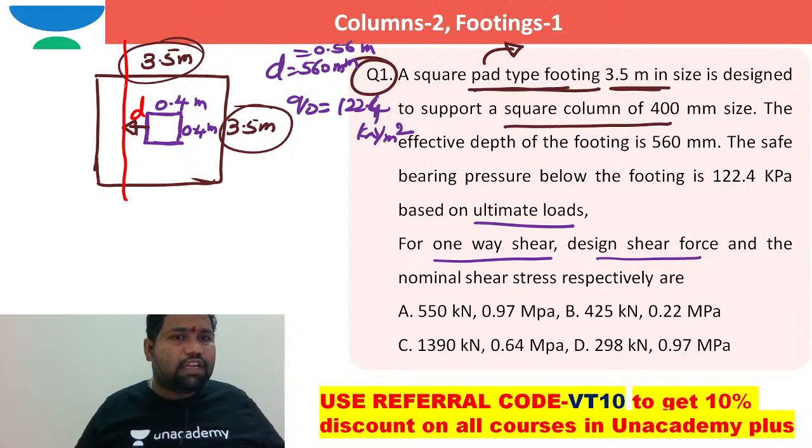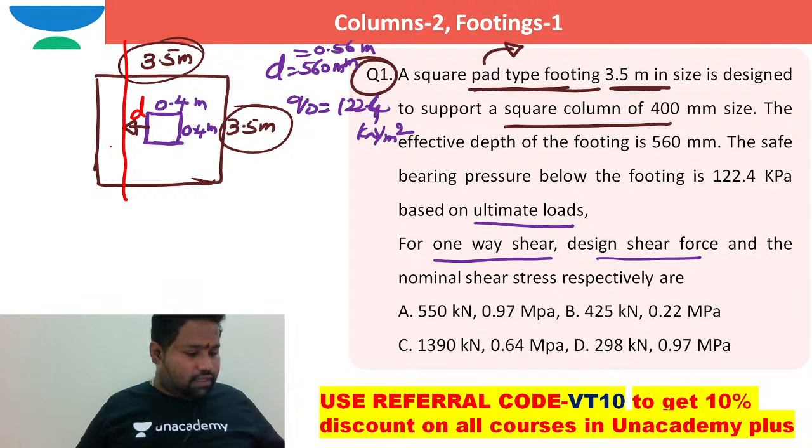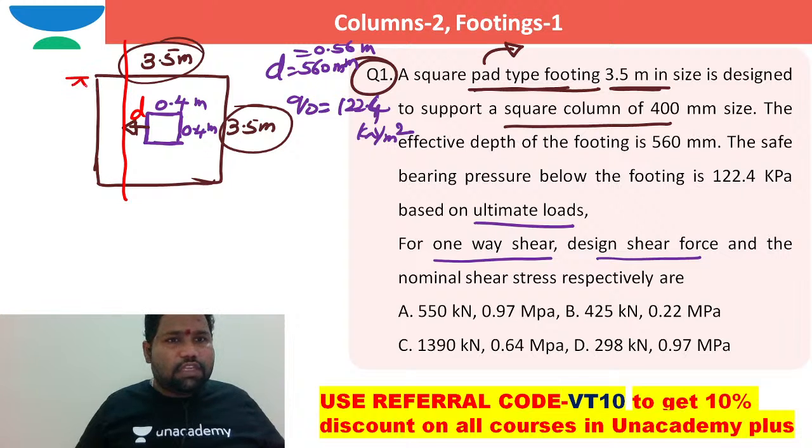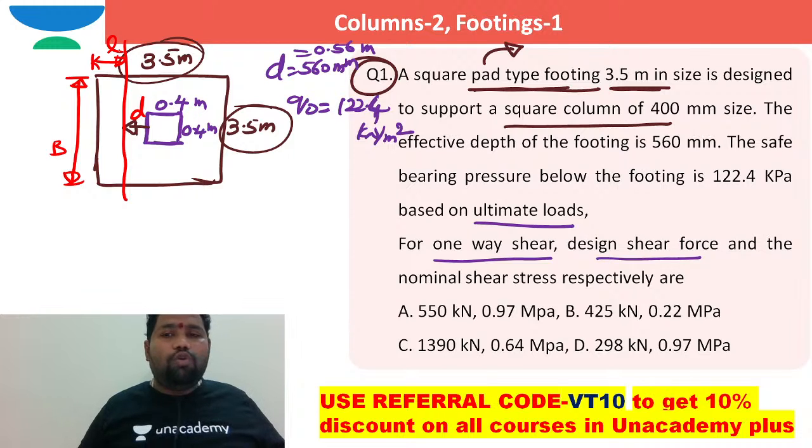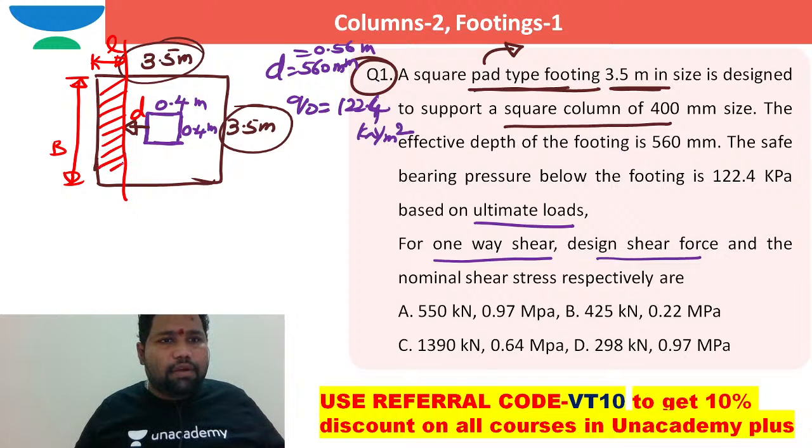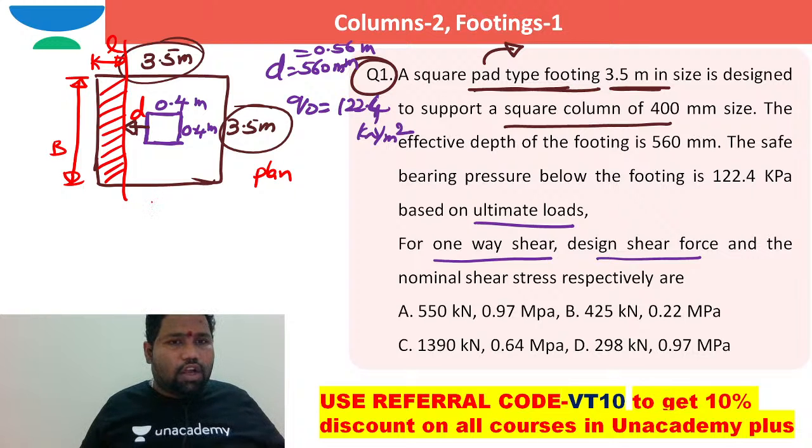This is the critical section for one-way shear, if this is P and this is L. This hatched portion will come up. This is in plan, I just want to convey to you. If I want to show the same thing in top view, maybe I can show you like this.